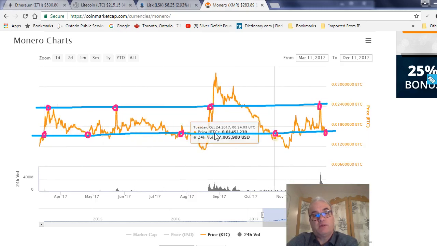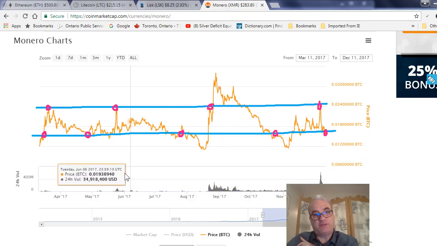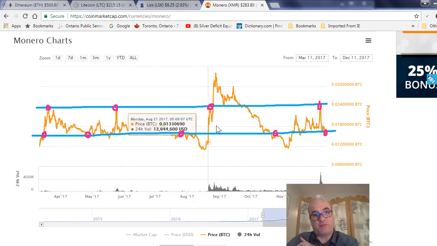So it could work there too. This chart also indicates that maybe we should be getting back into some Monero now, and hoping for this switch into Bitcoin. So I hope this gives you an idea how this can work on some of the pairs.